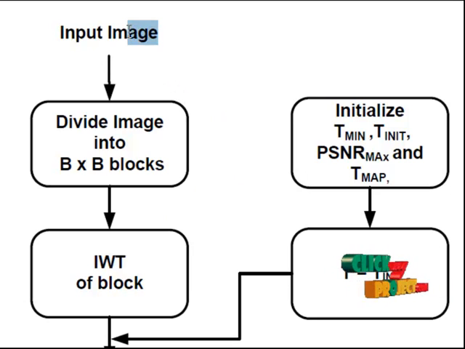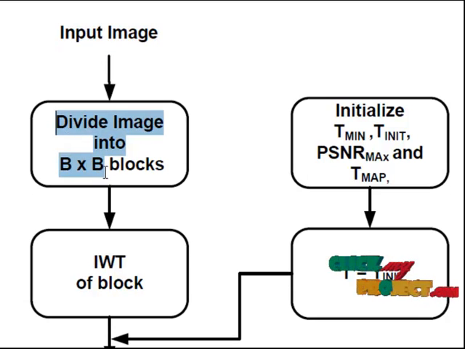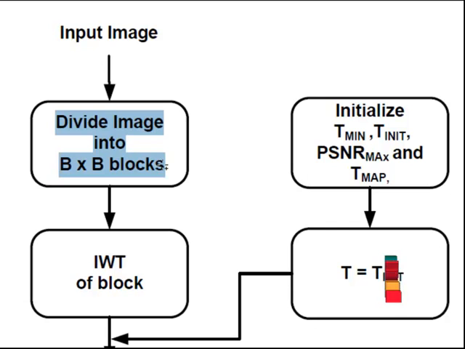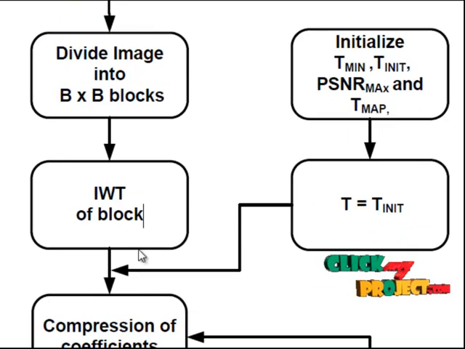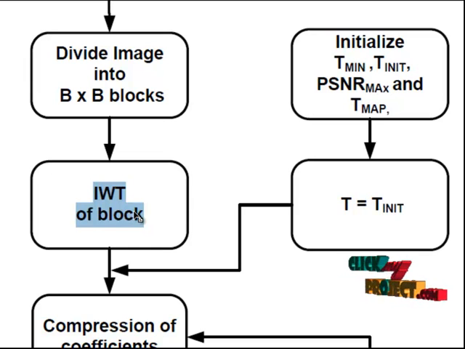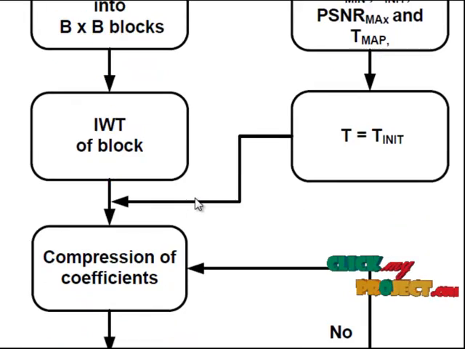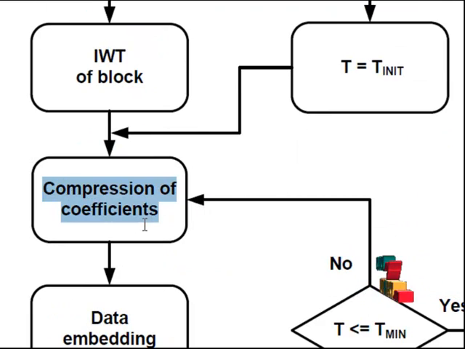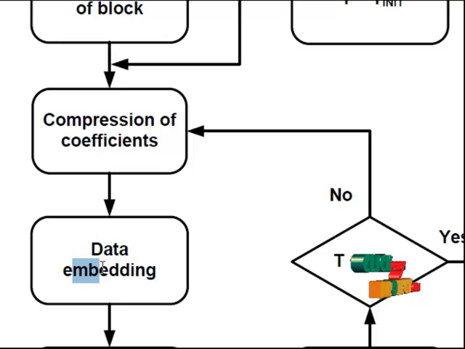The next step is, first we load our input image, divide the input image I into blocks of size B cross B, and then compute IWT for each block with the help of CDF filters with decomposition up to second level for obtaining middle and high frequency wavelet components, and then apply the companding function using the equation given in our base paper on all horizontal, vertical and diagonal subband coefficients that are less than T, and then embed the watermark in all subband coefficients irrespective of T using the equation h dash equal to 2 cross h plus b, where h represents the original coefficients while b is the watermark bit to be embedded.